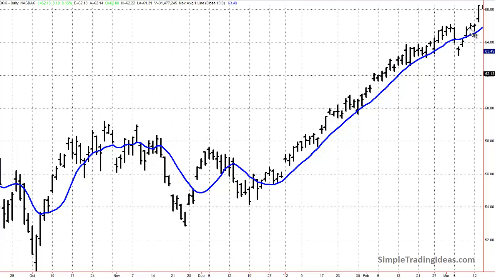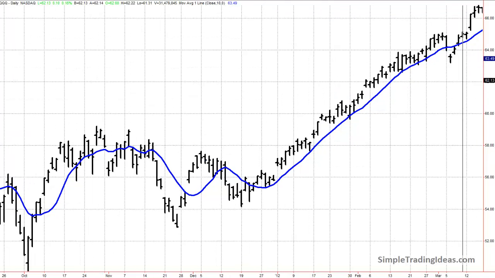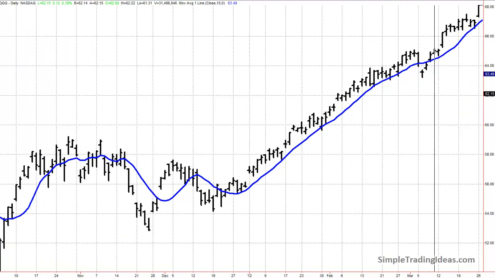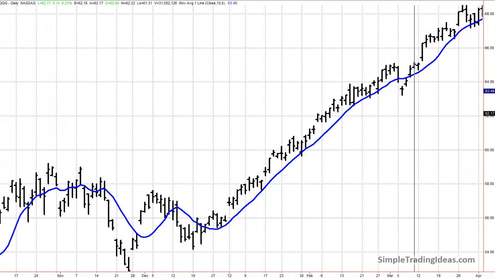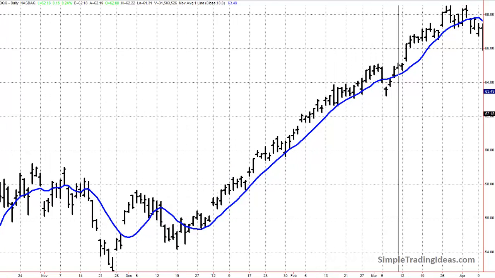And over here, at this particular point, right here, we would buy or go long that open right there. Okay, so we would be long. We'd still be long in this particular trade, which is fine for the time being.